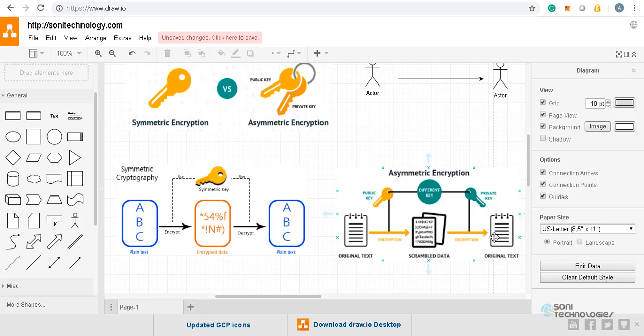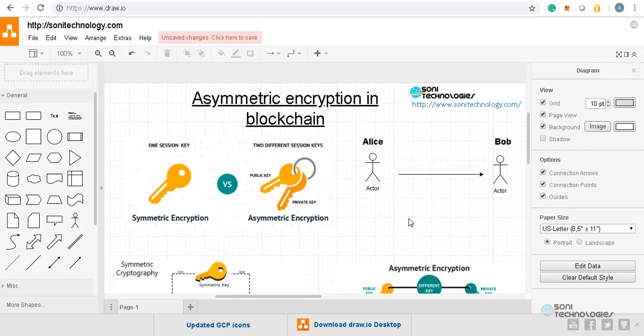So the person who has stolen the public key will not be able to derive the private key from it. This asymmetric encryption is used in HTTPS websites, SSH, and even in blockchain. So this is all about asymmetric encryption in blockchain.